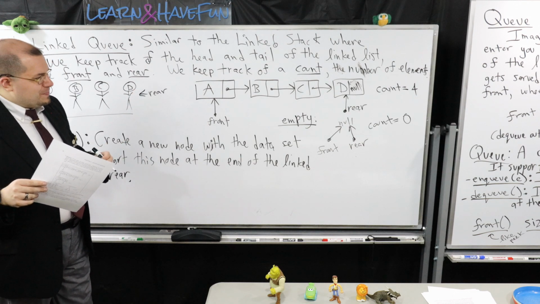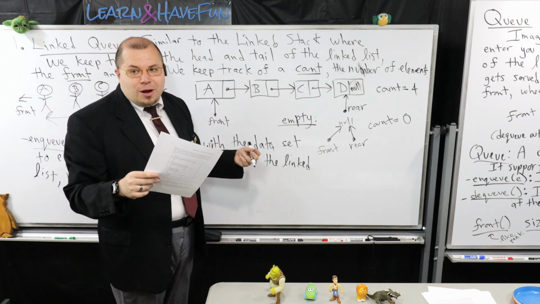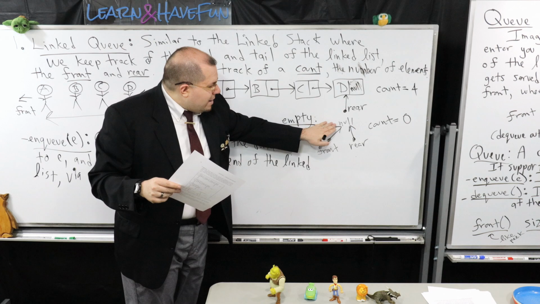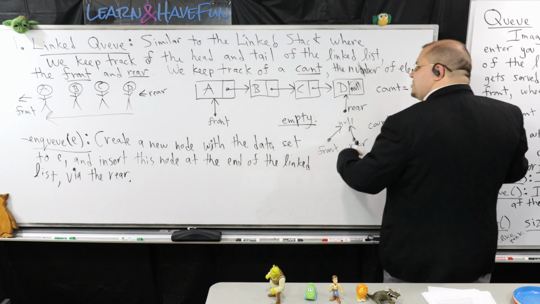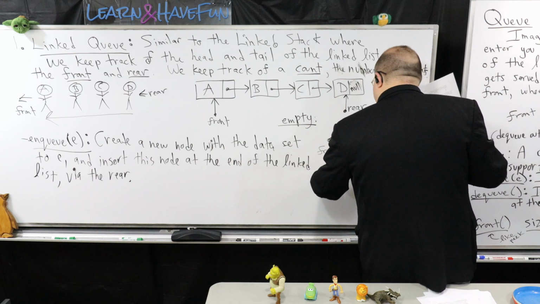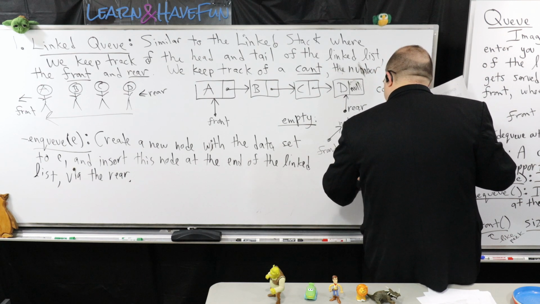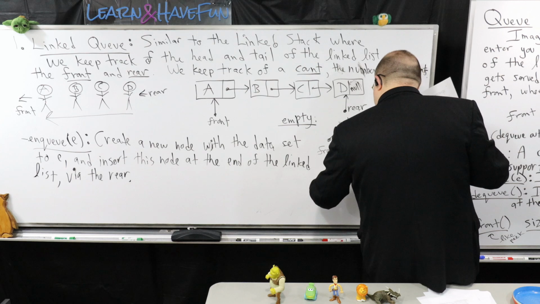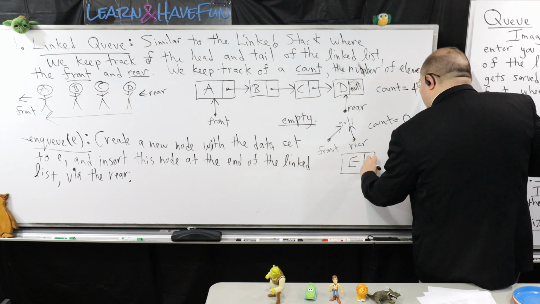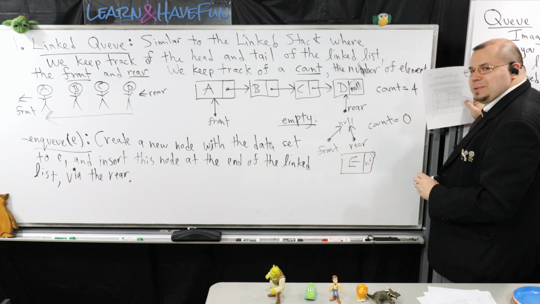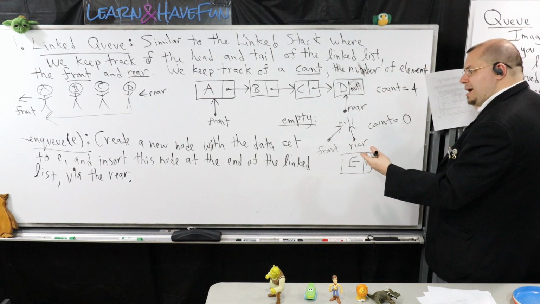However, there's one case we have to be very mindful of, which is when this thing is empty. If I were to insert a new element, say I call it E like this, right now its next is just null because I haven't updated its next attribute at all. Say this is the first element I'm putting in.